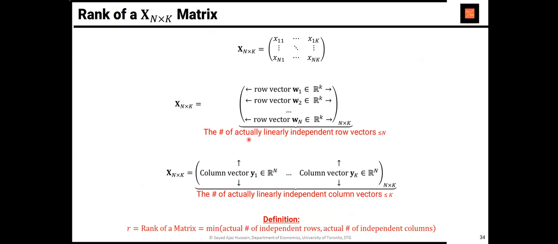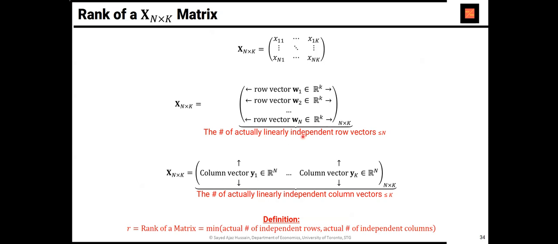So I ask you, if you were given n row vectors, each of which is... you know what, I just realized that I should have said something about the relationship between n versus k. Let's just forget k for one second. If there are n row vectors, how many of these are linearly independent?